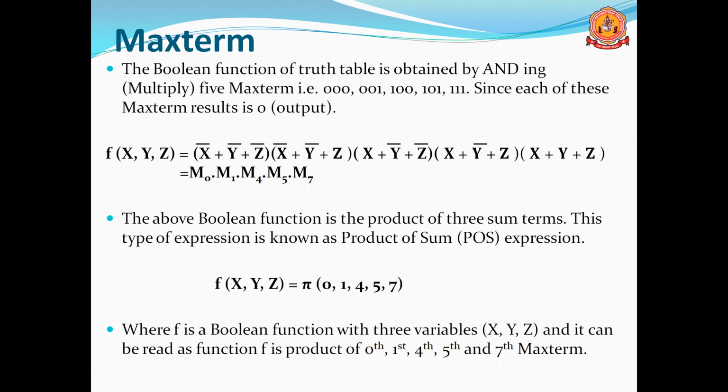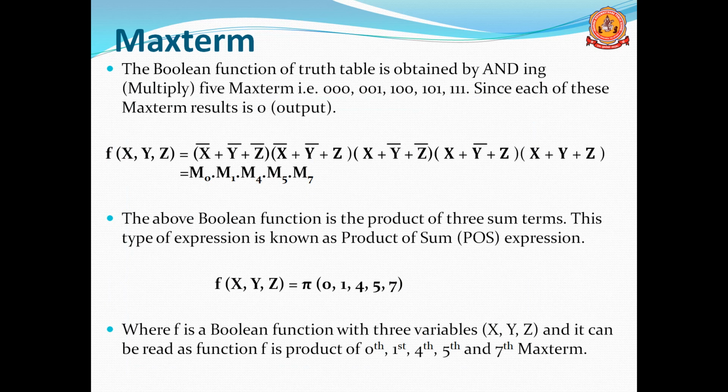So we can use M0, M1, M4, M5 and M7. The above expression is in the form of product of sums. It is a product of different sum terms, and we have found the total product. So it is used in the form of a product of sums expression.